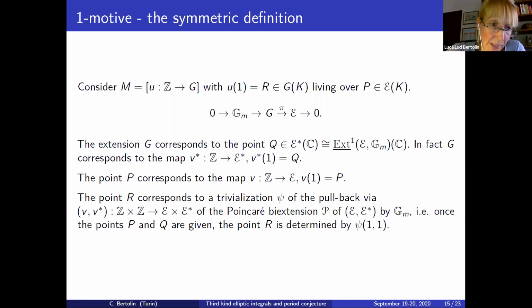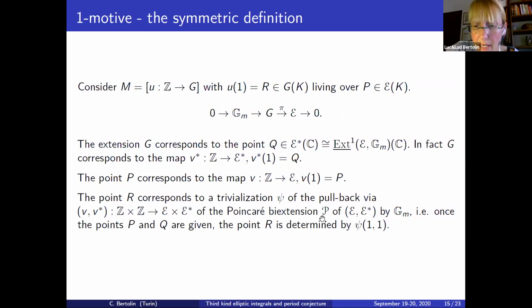To have the point R, we have another interpretation. This point R corresponds to a trivialization via the pullback by v and v star of the Poincaré extension of E star by G_m. The point R is given just by the image of this trivialization of 1 by 1.